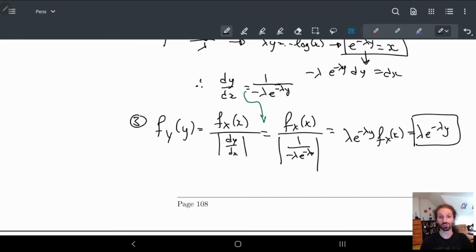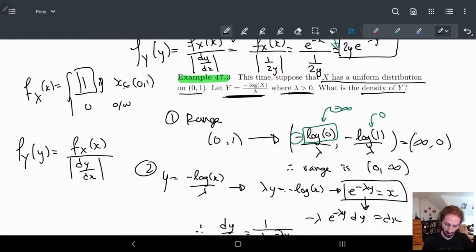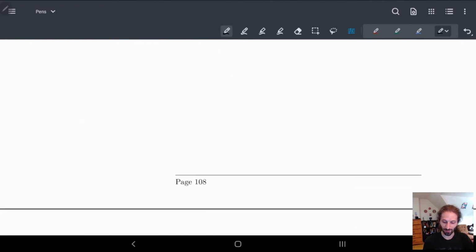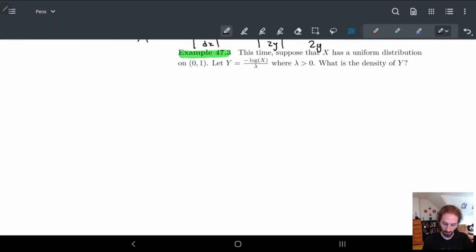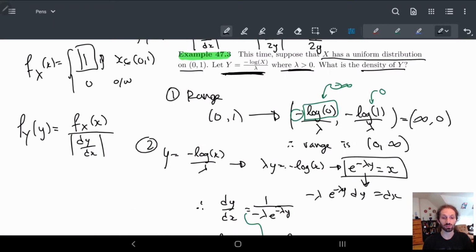So we get exponential. What we just did is this function, y is equal to minus log of x over lambda, converts our uniform distribution into an exponential distribution, which is pretty cool if you think about it. We can convert between distributions using some function. Notice how even though we used log here, this is not what's called the log uniform distribution.